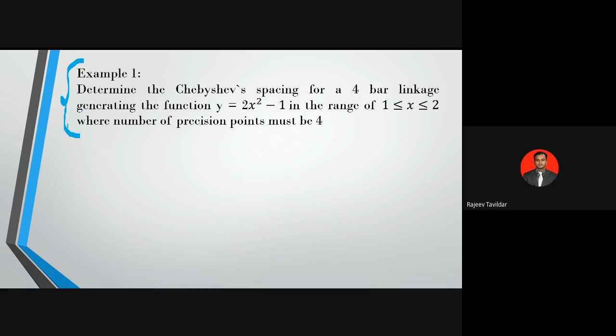So here, the question will remain the same. Determine the Chebyshev spacing only, because Chebyshev spacing can be done either graphically or analytically, so I'm not changing the question. Determine the Chebyshev spacing for a 4-bar linkage generating the function y equal to 2x square minus 1 in the range of x lying between 1 and 2, and the number of precision points is 4.